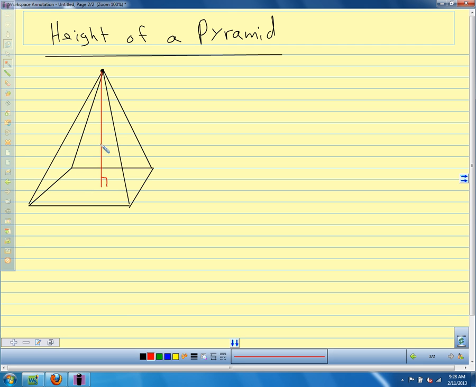This red one we're going to call the height or the altitude. And I'm going to draw in one more in blue. This one's going to go from the vertex, rather than into the base, to the edge of the base. And we make a 90-degree angle here. And this blue one we're going to call the slant height.